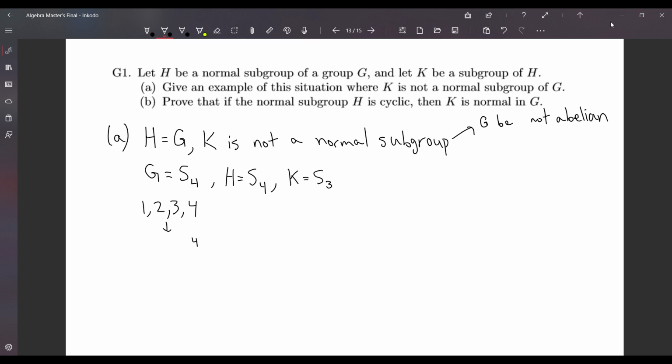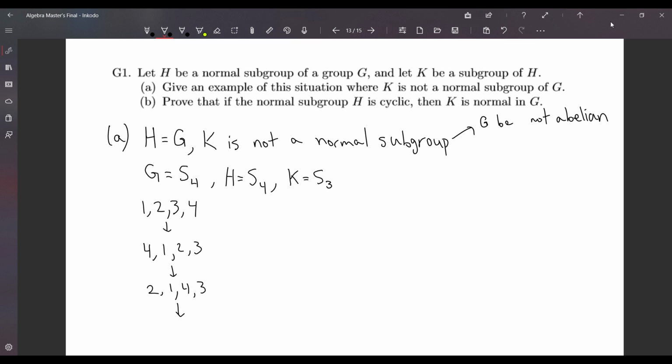First we would want to apply something in S4, so let's say we cycle to the right, and then we apply a permutation on the first 3 elements, which gives us 2, 1, 4, 3.